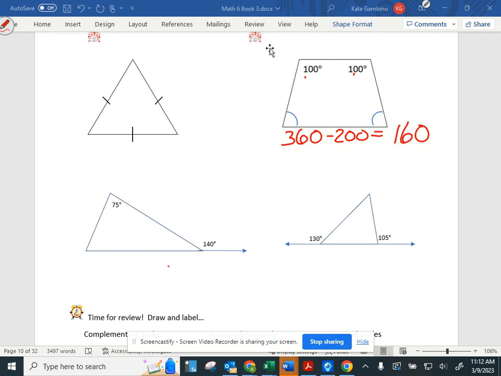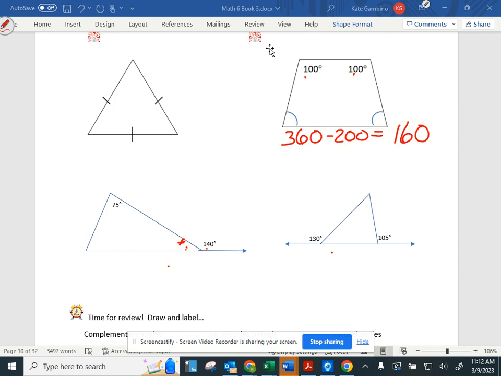What about these ones down here? Think about the math skills that we have. How can I find my missing angle if I know the outside angle? How do I find the inside angle? What math facts do we know to solve that, James? Isn't the inside number half of the outside number? Nope.